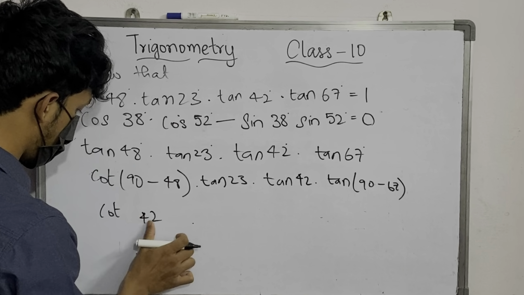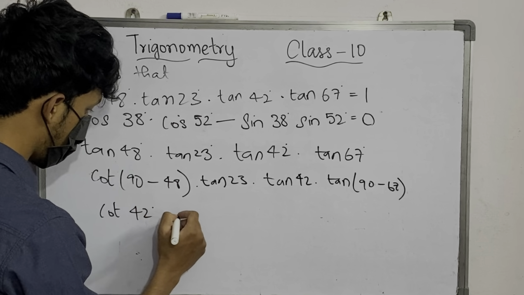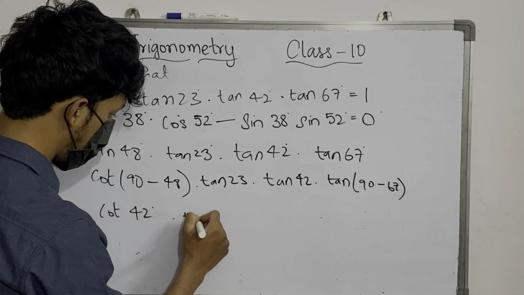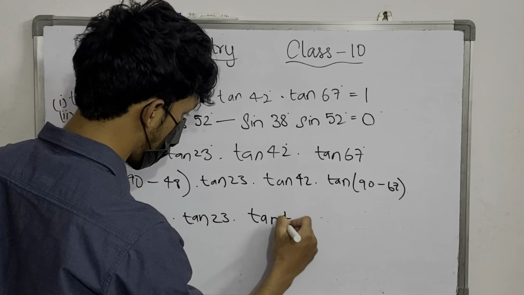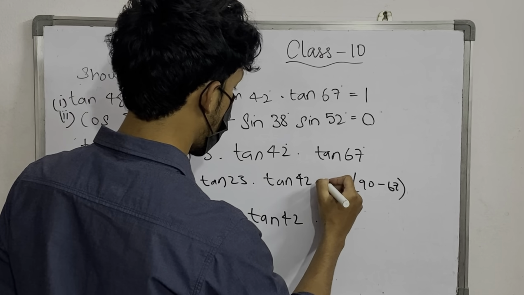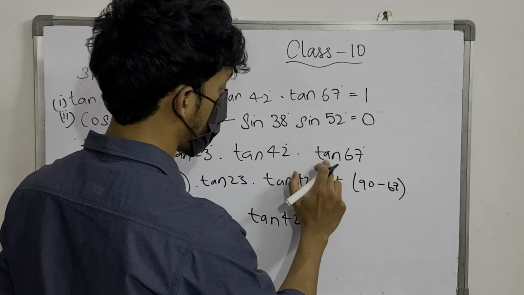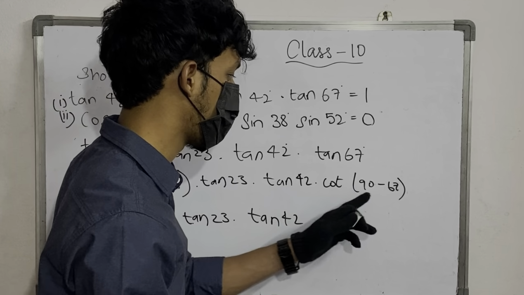I'll write here as 42 and tan 23 and tan 42, and here we need to write cot 90 minus theta, because tan theta can be written in the form of cot 90 minus theta.